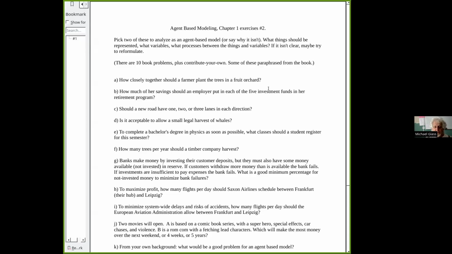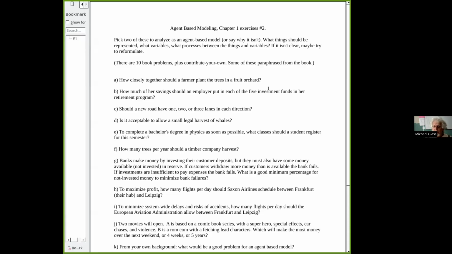So maybe trees shade each other or grab each other's nutrients or something like that. Your objects somehow will be the trees, and you're going to have to define the ways in which trees interact with each other. They're not going to be moving as part of the problem here for agent-based simulation.